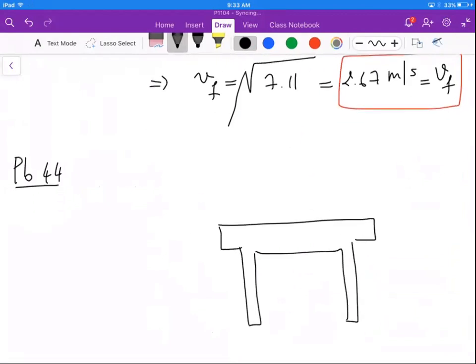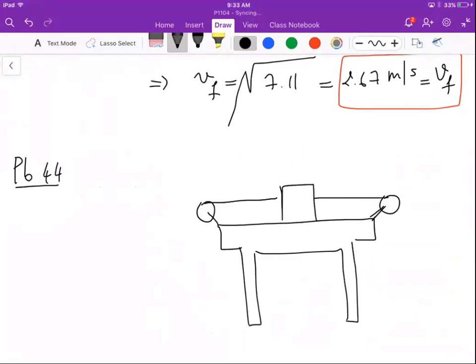On this table, we have on one side the first pulley, and here the second pulley. And these pulleys are connected to some mass here that is equal to 1 kilogram. And from each side we have a block. So we have a block here and another block here.